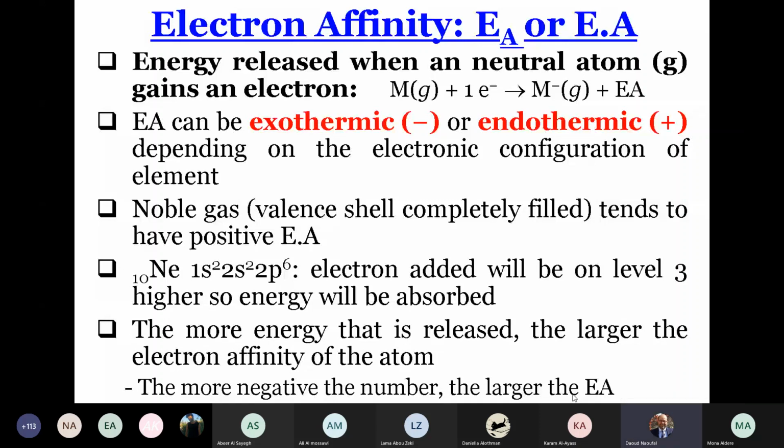This is a general rule. In the electron affinity, we have a lot of exceptions, as in the case of the ionization energy. But we will not study these exceptions. We will follow only this rule: the more negative the value of EA, the larger the electron affinity.